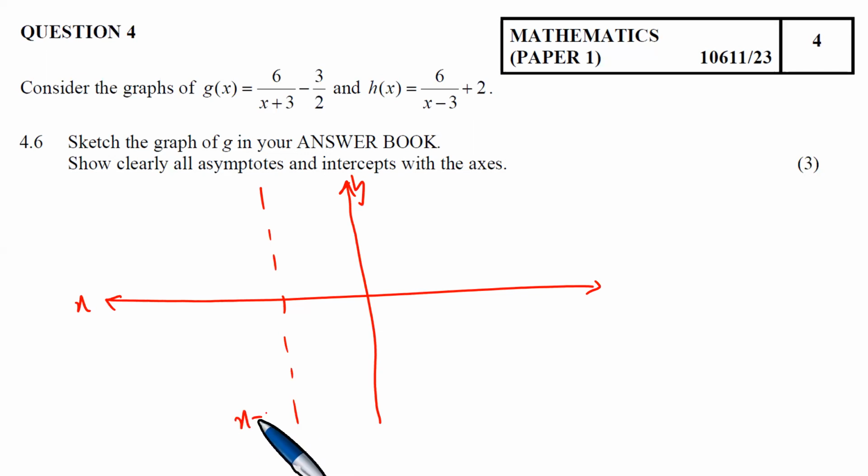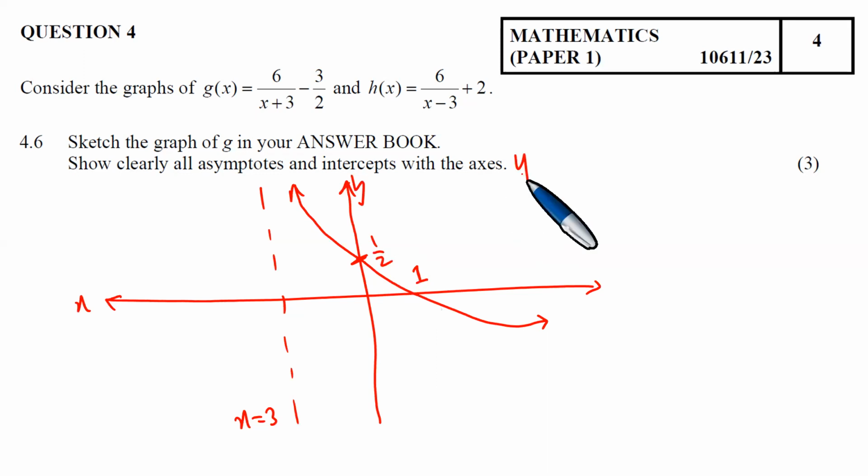That is one part. We have seen that the x-intercept is 1. You can find the y-intercept by making x equal to 0, and you realize that the y-intercept is 1/2.